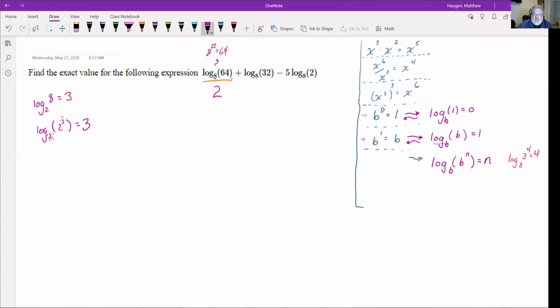Fair? And if we apply our definition, it says log base b of x, if that is equal to y, then b to the y is equal to x. This is our definition of what it means to be a logarithm. Fair? So if we say log base 2 of 2 to the 3rd equals what?